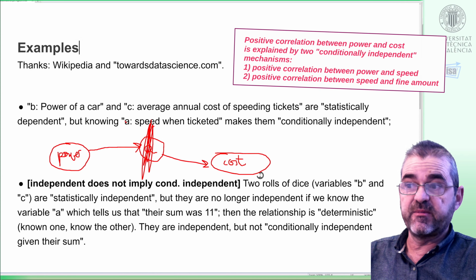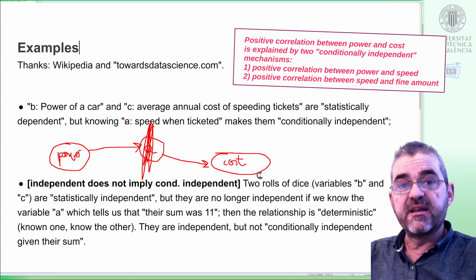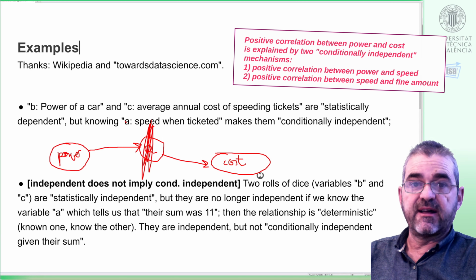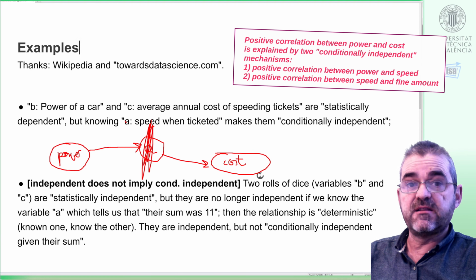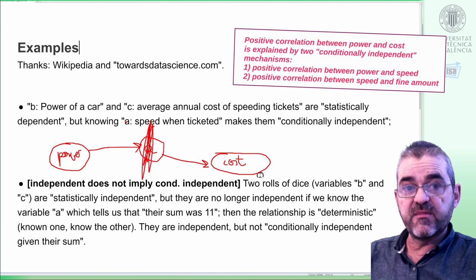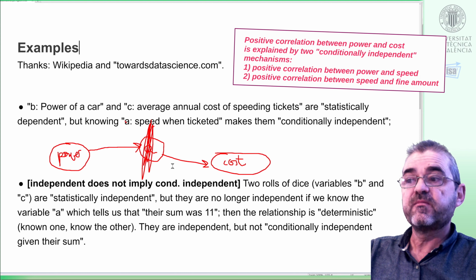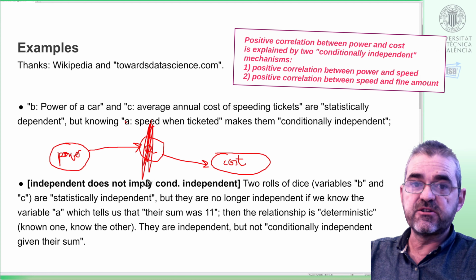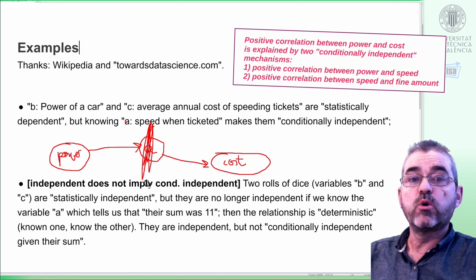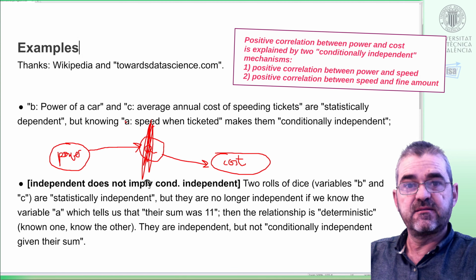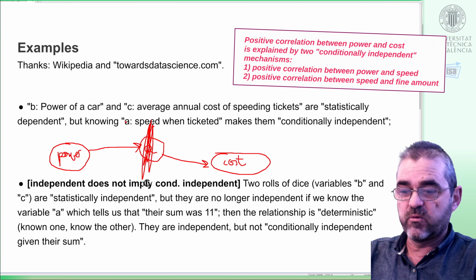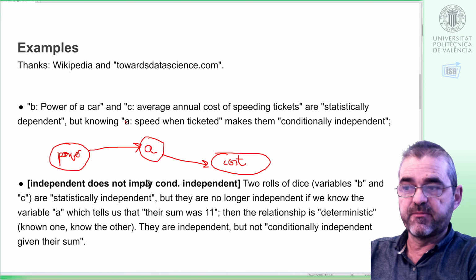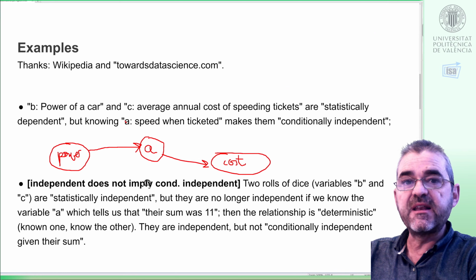And the second phenomenon is that higher speed makes me pay higher fines, so power and cost are statistically dependent because of the intermediate variable A, but if I know A, I can split that statistical relation into conditionally independent statistical computations.